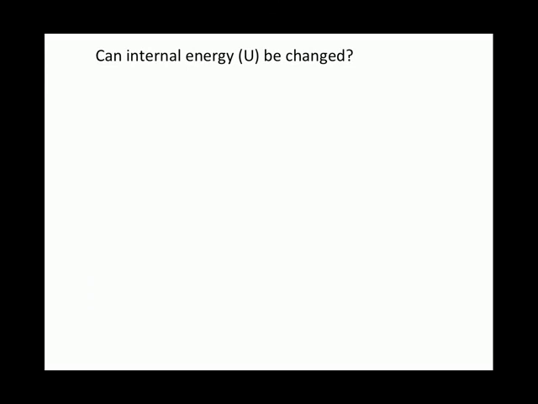Now, internal energy is what we're going to be studying today in this first part of thermochemistry. The symbol for internal energy is going to be capital U. Now, can we change the internal energy that something possesses? Earlier we saw the different types of energy that add up to the total internal energy of a substance. We can change the internal energy by heating or cooling the system.